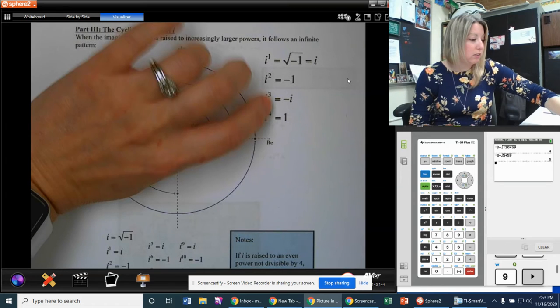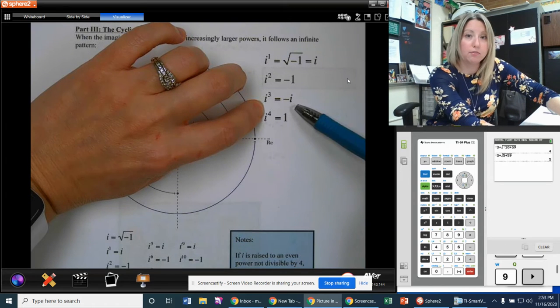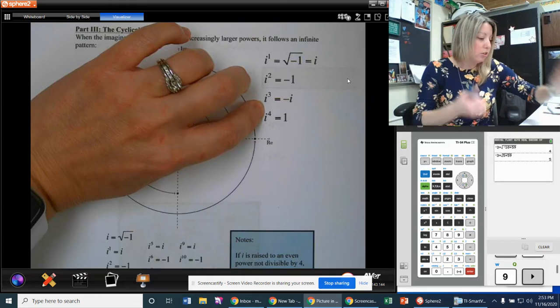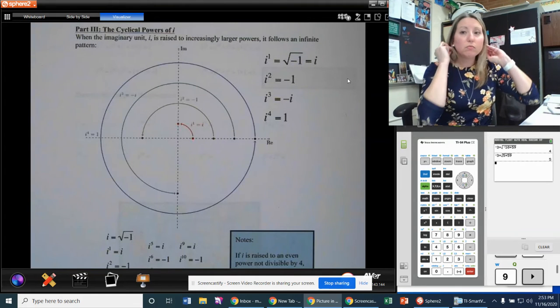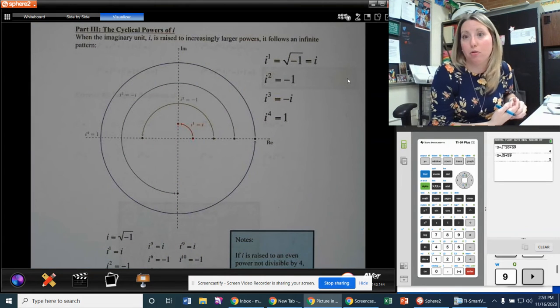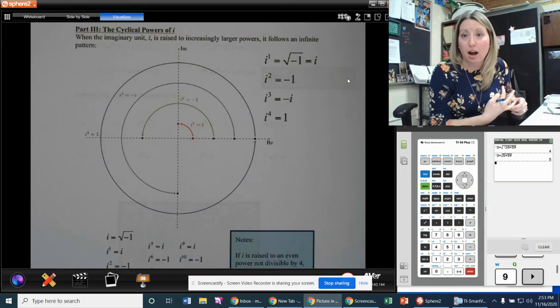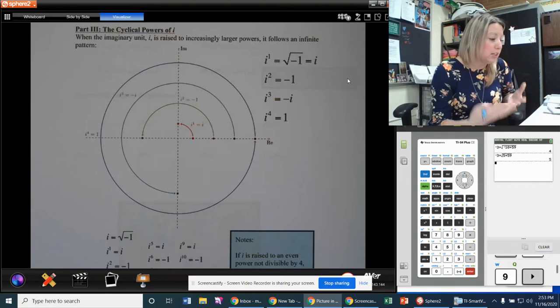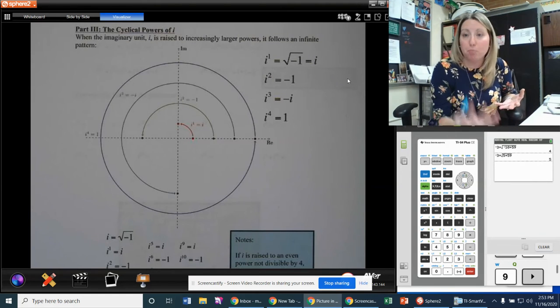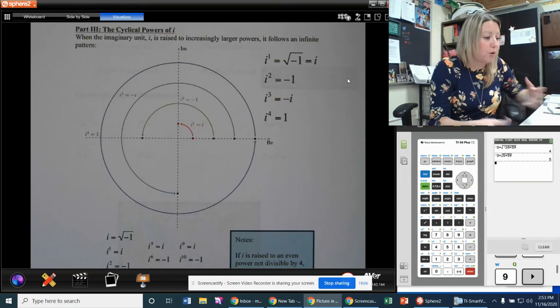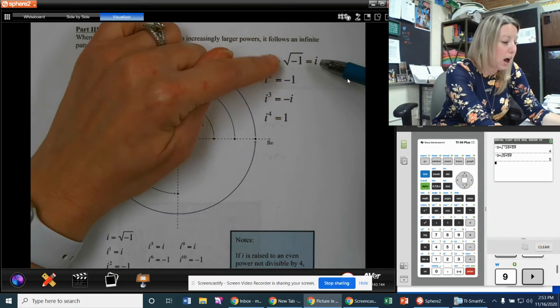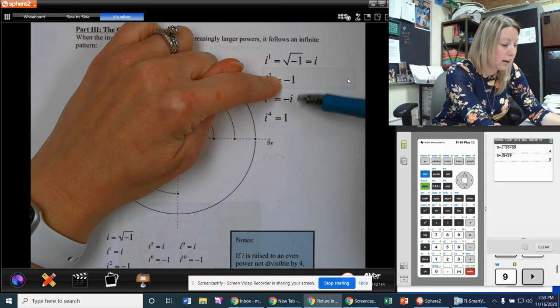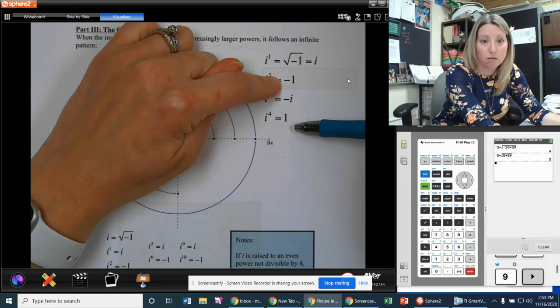With the odds, you're left with an I. So it's up to us to be able to simplify an I raised to a power. We never leave an I raised to a power. We simplify it down to an answer. And one of those answers is either I, negative 1, negative I, or positive 1.